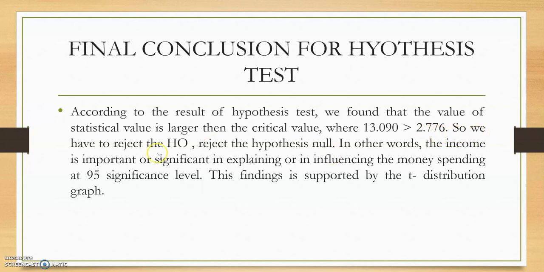So we have to reject H0, or in other words, reject the null hypothesis. In other words, income is important, or significant, in explaining or influencing money spending at the 95% significance level. This finding is supported by the t-distribution graph.